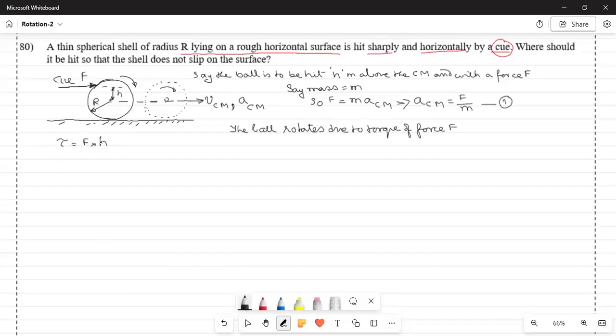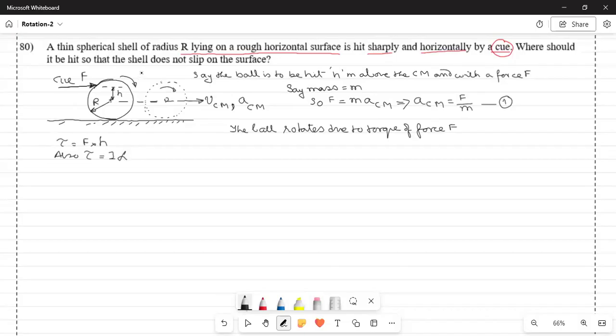Also, we know torque is equal to I alpha, moment of inertia multiplied by the angular acceleration.